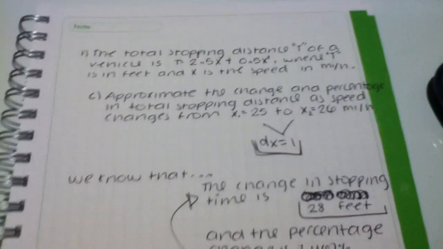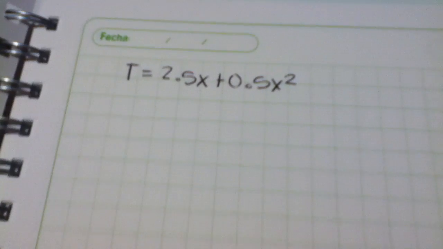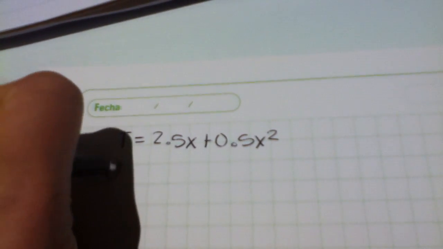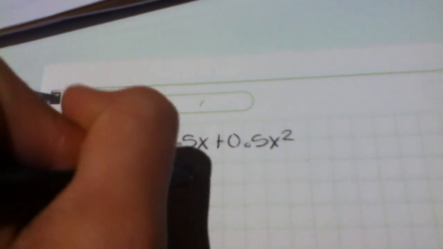So, for this problem, we first need to derive the equation given to us, which is t equals 2.5x plus 0.5x squared. Now, for us to derive this, we're going to change the t into dt because it's a derivative, then 2.5 plus x.